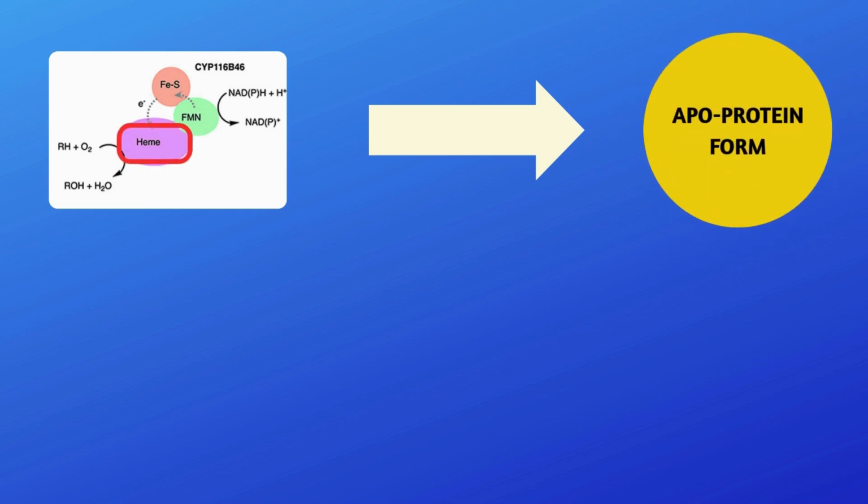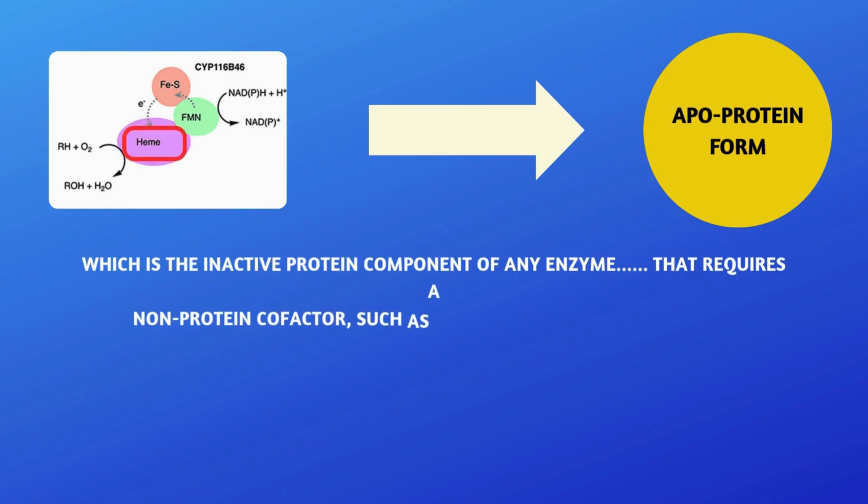They are more accurately referred to as apoenzymes, which is the inactive protein component of an enzyme that requires a non-protein cofactor such as a heme group for its function.